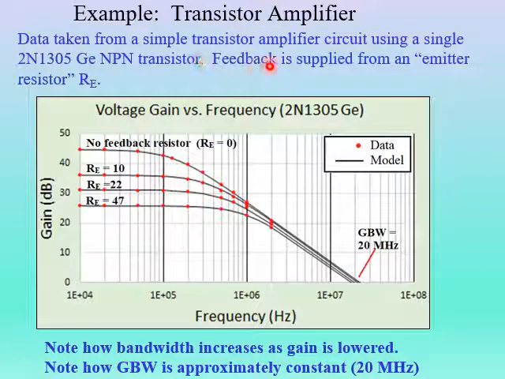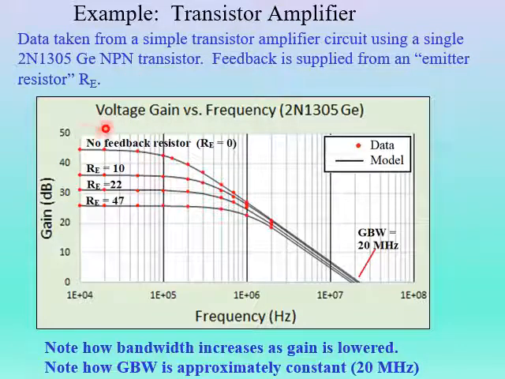And feedback for this amplifier is supplied from what's called an emitter resistance, R sub E. We don't have to worry about the details of all that, since this is not really an electronic circuit course. But what this does show is some of the characteristics that we've just been talking about with amplifier frequency response, and in particular the gain bandwidth product.